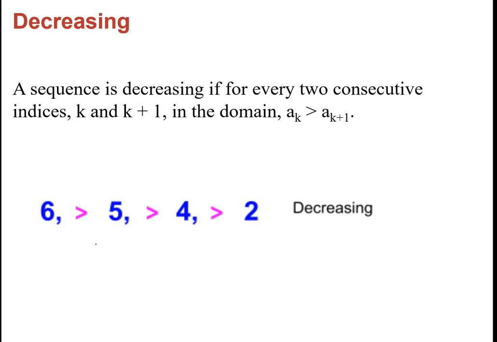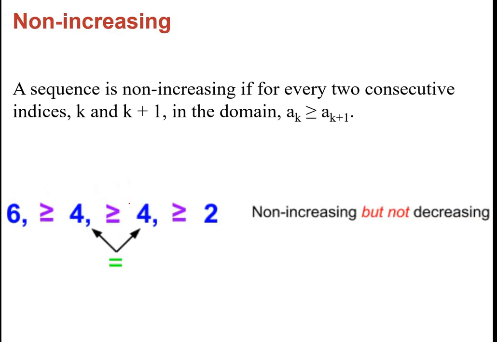Similarly, a sequence can be decreasing also. Any two consecutive numbers, so 5 is less than 6, 4 is less than 5, and so on. Every following number is going to be less than the previous one. And similar to non-decreasing, we say that a sequence is non-increasing because there can be a situation where two of the consecutive elements are equal.